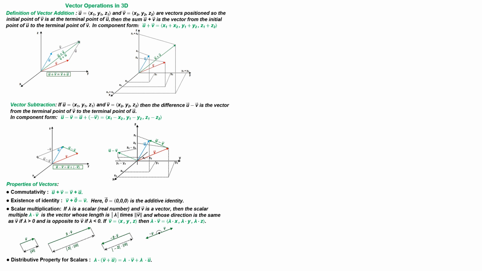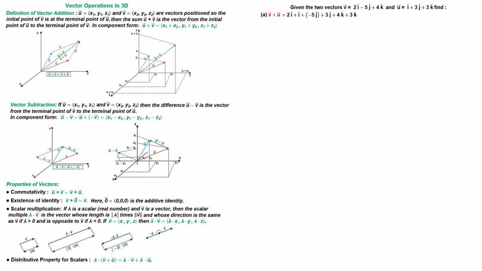Now we will see how vector algebra works by solving a simple example. Given the two vectors, find the following. Vectors u and v are represented in terms of the standard basis vectors i, j, and k along the x, y, and z axes. To solve item A, we add the corresponding components individually.